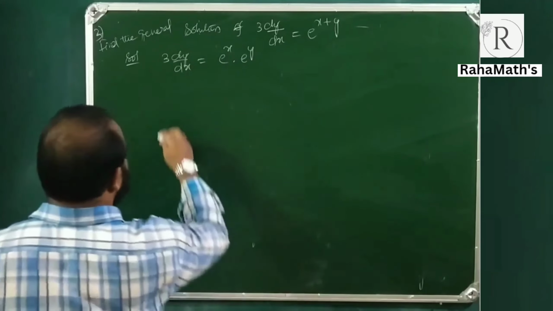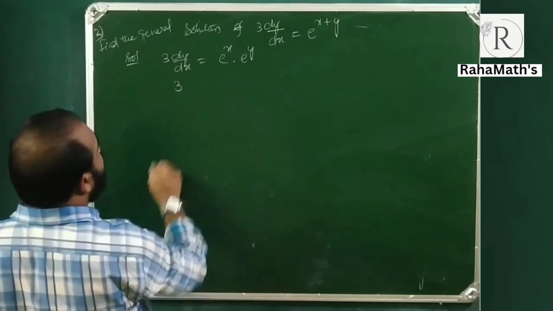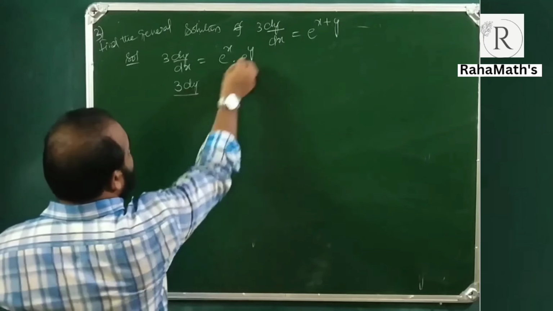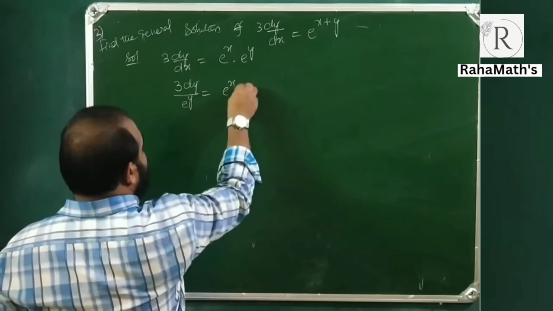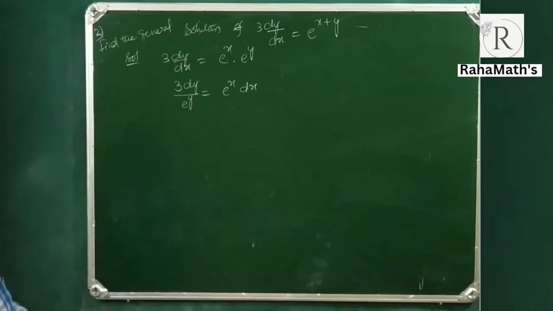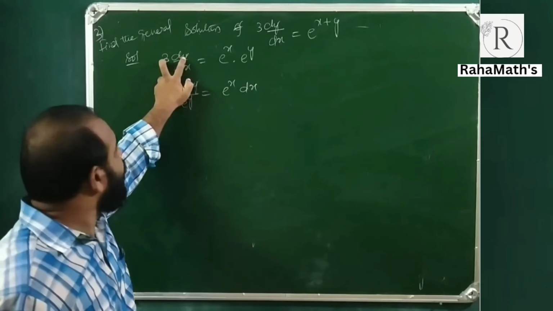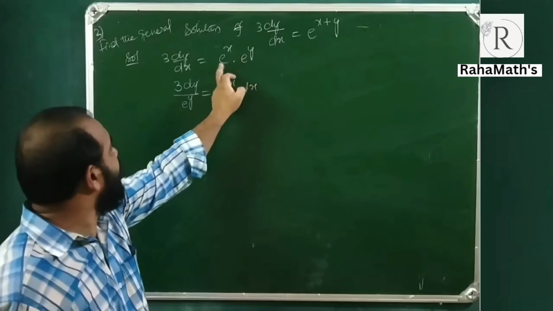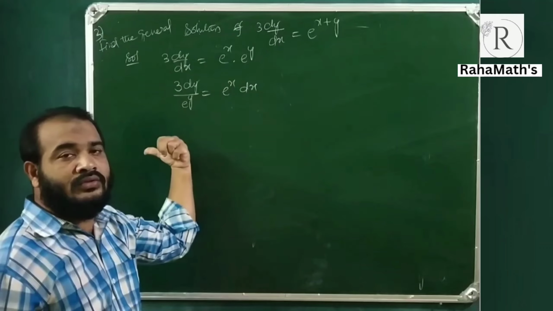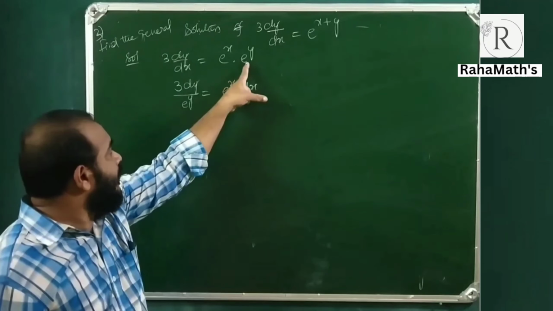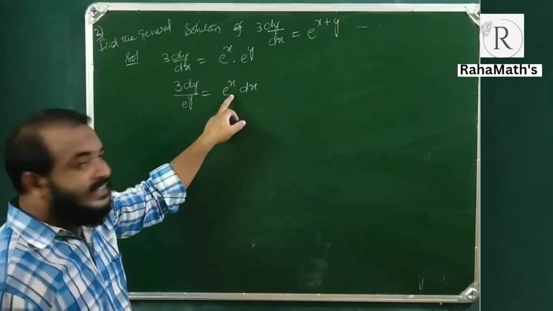So this is equal to 3 dy by e power y is equal to e power x dx. So 3 dy I kept on the LHS itself, and e power y is multiplying with e power x. But when we bring this term onto the opposite side, it would be dividing, and e power x is intact.